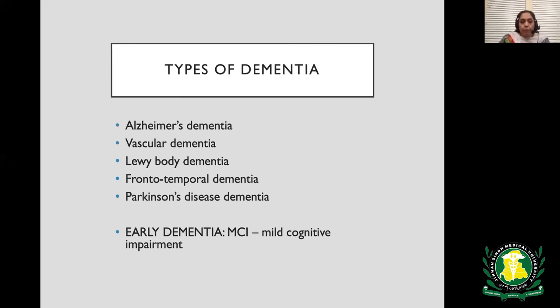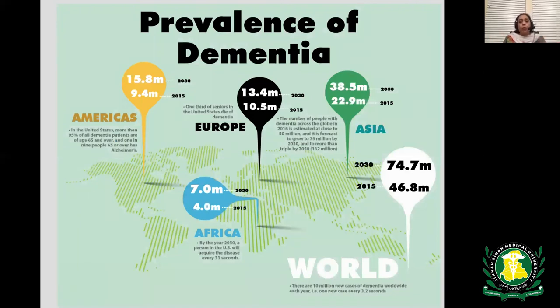So it's very important to discuss the prevalence of dementia all over the world. As we know, people are living longer all over the world, and aging is the number one risk factor of getting dementia or Alzheimer's disease. So in America right now, one in 9 people above the age of 65 have Alzheimer's disease.